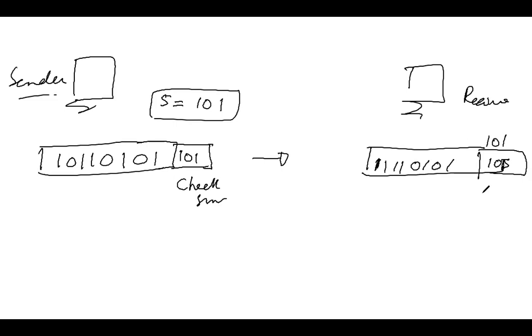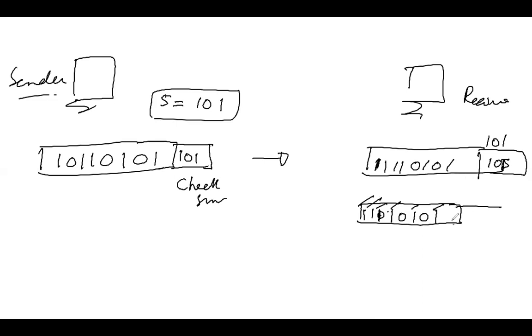When the receiver gets this message, he looks at it and counts the ones: 1, 2, 3, 4, 5, 6.